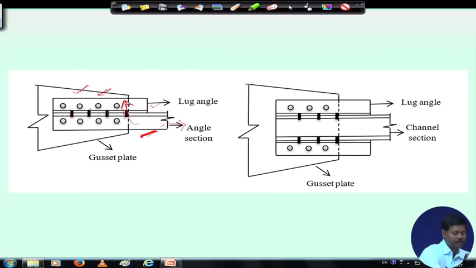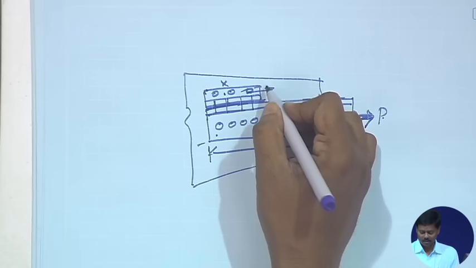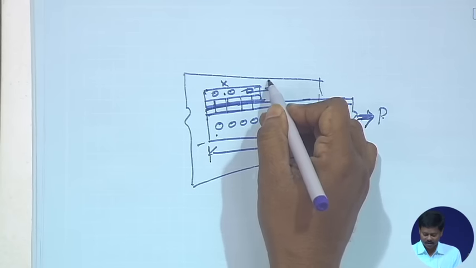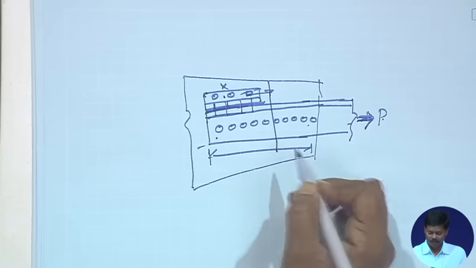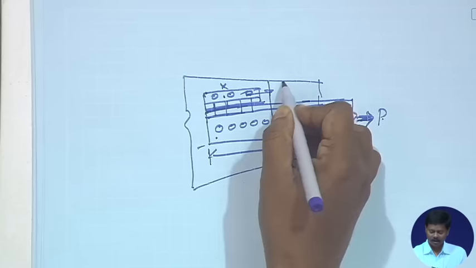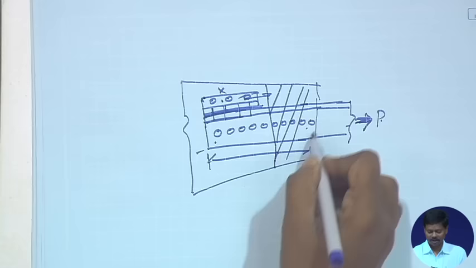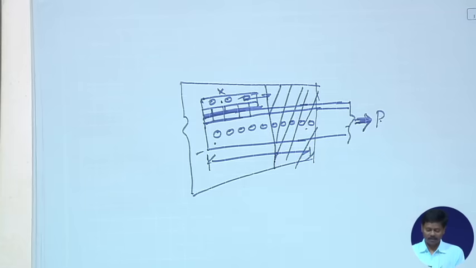Therefore, in place of sharing the whole force, as it is sharing a percentage of load, the number of bolts required for this section will be less, and therefore, we can reduce the length. So, in place of this I can provide up to this. Therefore, I can omit this length, thereby I can make economy in the connections.